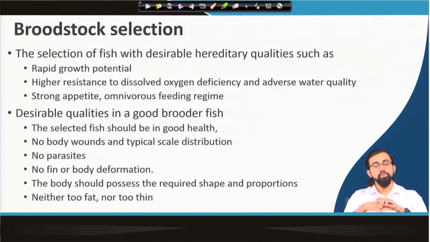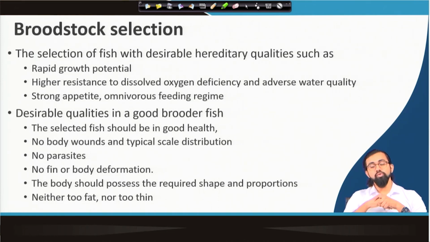Once your customer or buyer comes to you and asks, can you please design me a farm for my practice, for my economic benefit, what are the factors that I need to abide by? What are the factors that I need to think of before developing my own farm?